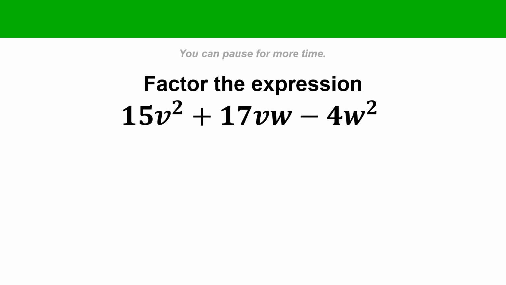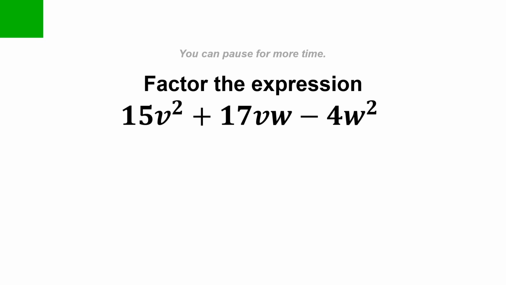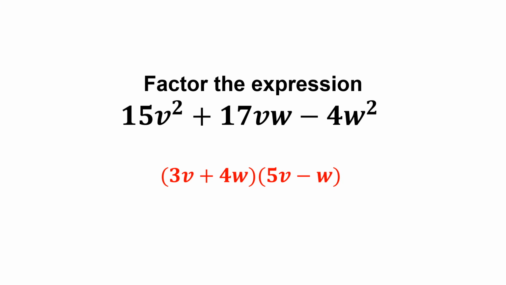Factor the expression 15v squared plus 17vw minus 4w squared. The factored form is quantity 3v plus 4w times the quantity 5v minus w.